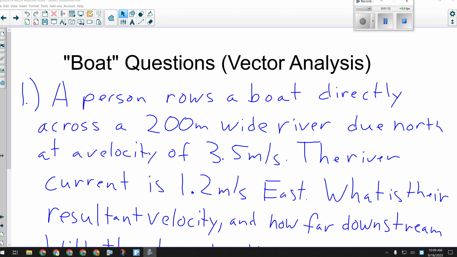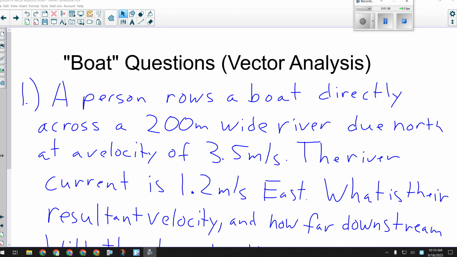No, because then you'll end up downstream, right? So if you want to end up straight across, you've got to have a heading. You've got to have a direction that you point the boat, and then you row as hard as you can. The end result of that will be that the current pushes you back to a vector that is straight across.